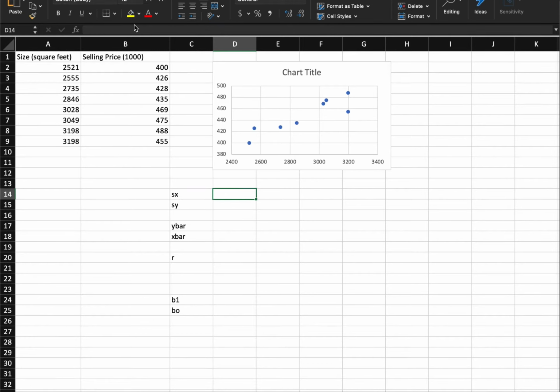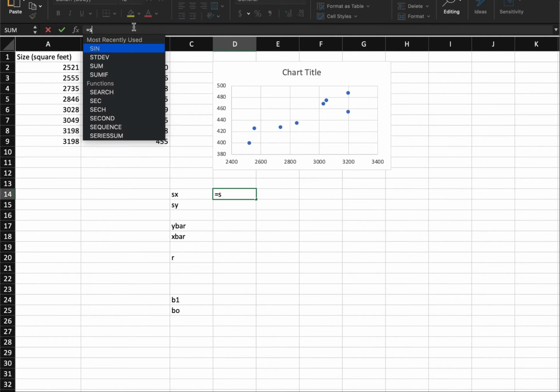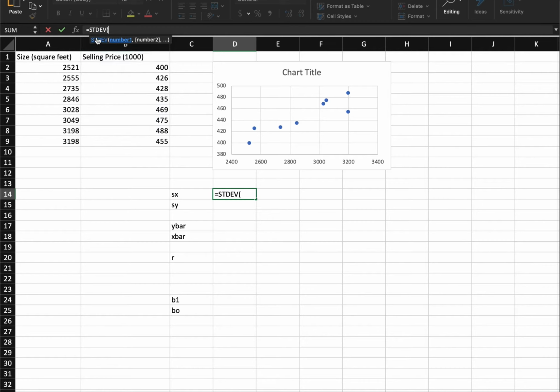To compute this, we use the function called stdev, which is the sample standard deviation. We need an array, so I highlight the values and close it. This gives me the sample standard deviation of sizes of the houses.